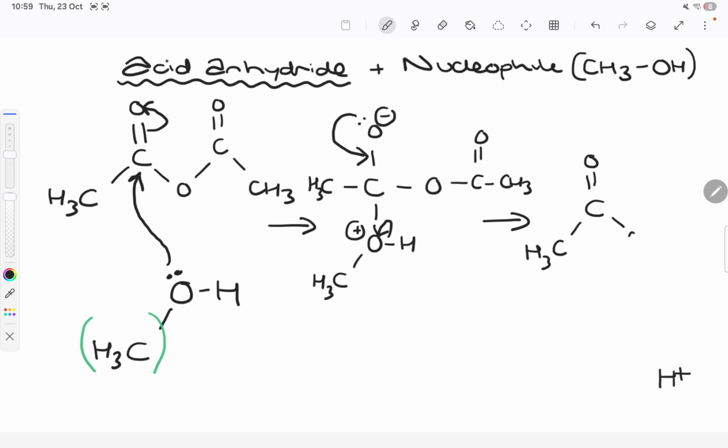We will always generate an ester in this example when we're using an alcohol reacting with either an acid chloride or an acid anhydride. So this methyl ethanoate product is exactly the same as it was when we reacted methanol with ethanoyl chloride in clip 2.